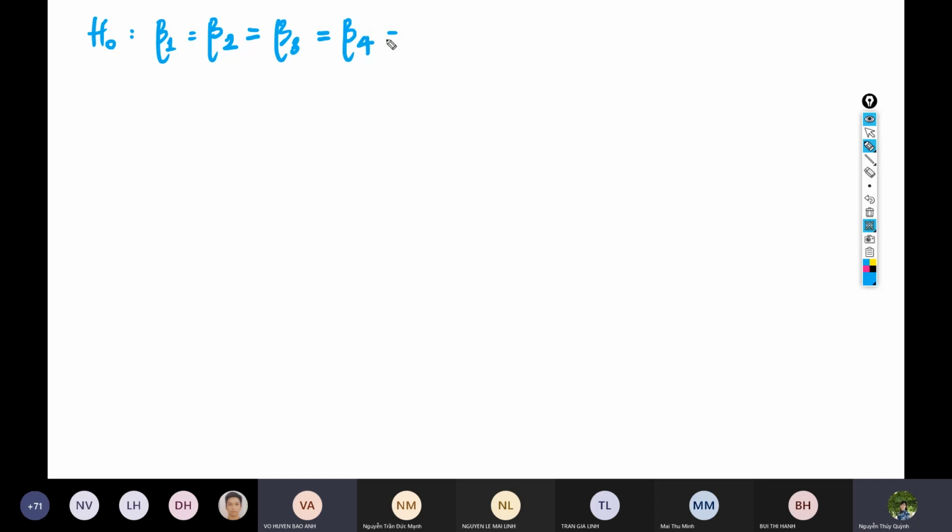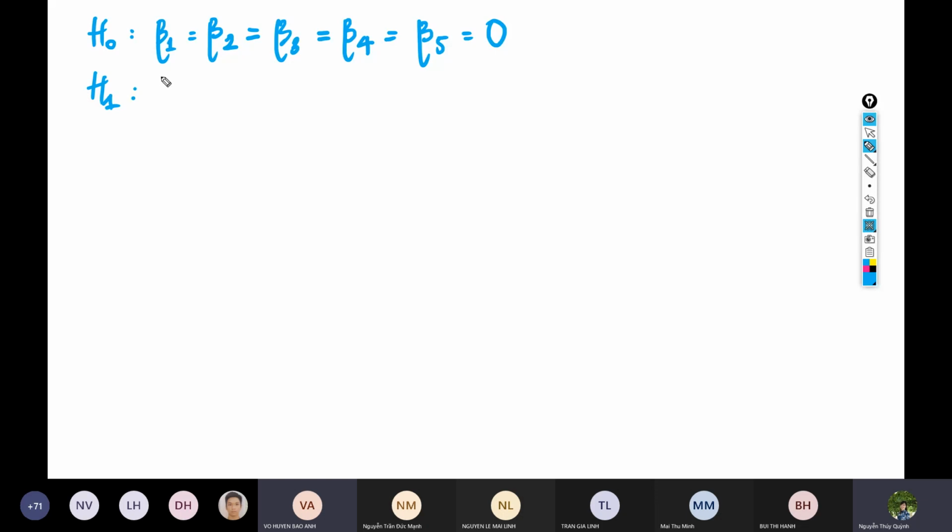Yeah, we have 5 independent variables in this model, so we have 5 slopes here. We have beta 1 to beta 5 all equal to 0. Now what about the alternative hypothesis H1?